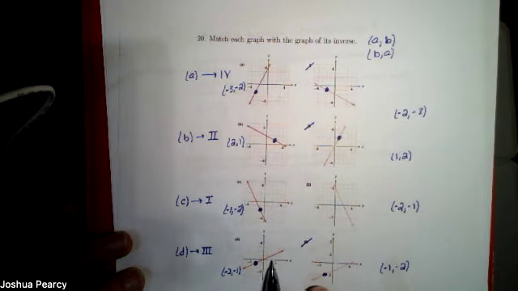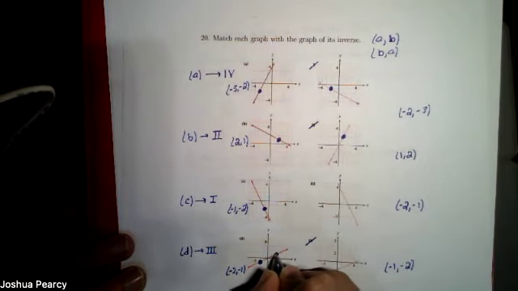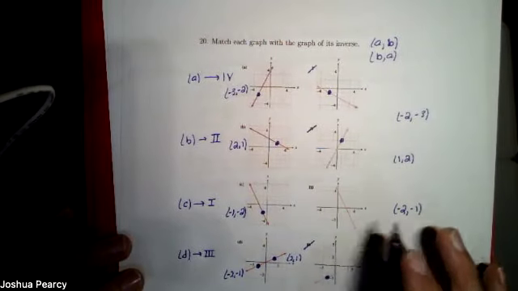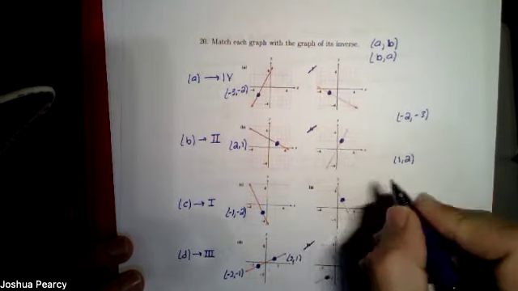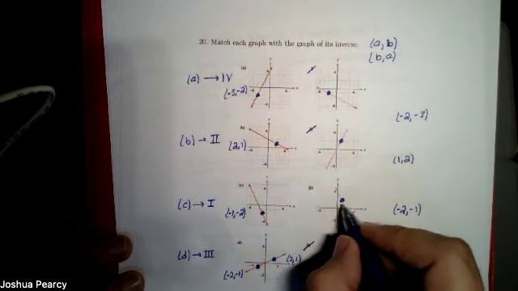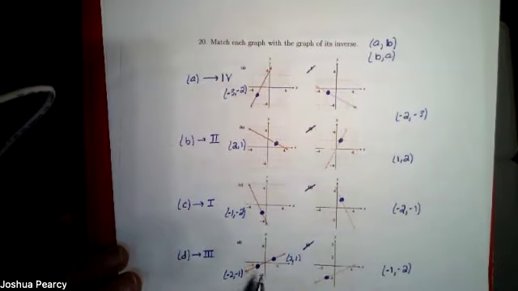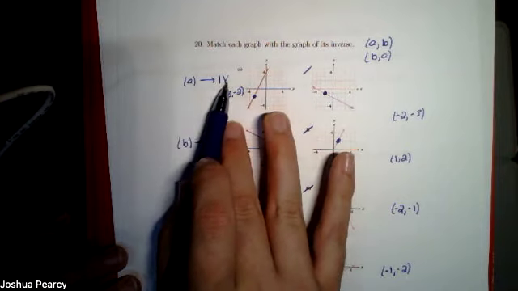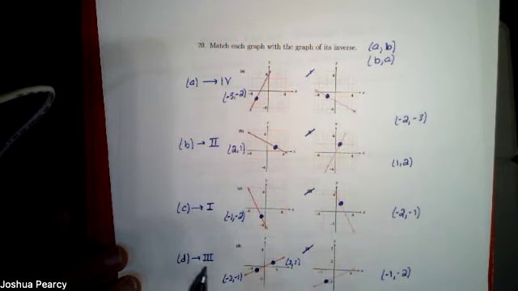Say, for instance, we look at the point (2, 1), which is right here. This graph up here actually has the point (1, 2). So then we do have that this point (2, 1) does correspond to a point (1, 2) on graph 3. So here we have our inverse graphs for the ordered pairs. A has inverse graph 4, B has inverse graph 2, C has inverse graph 1, and D has inverse graph 3.